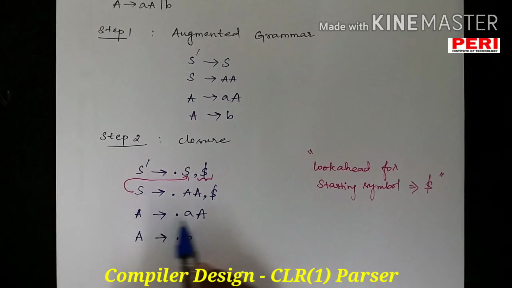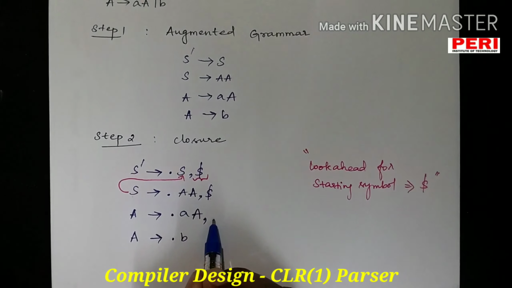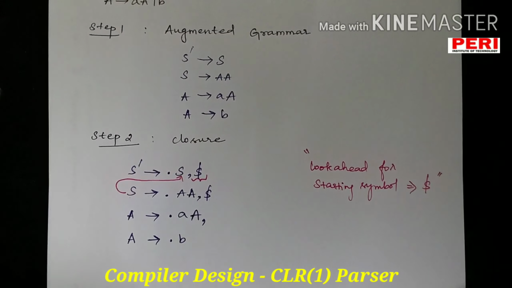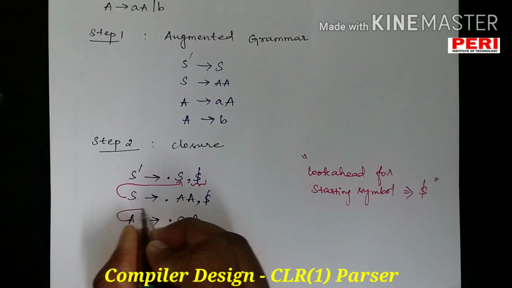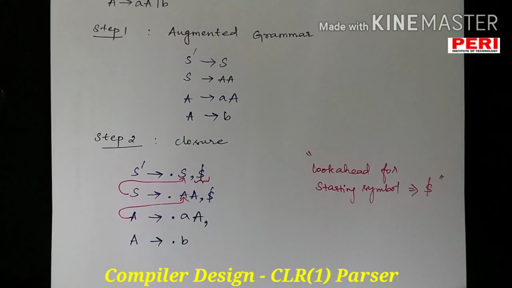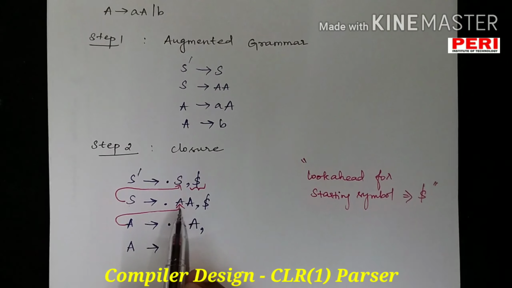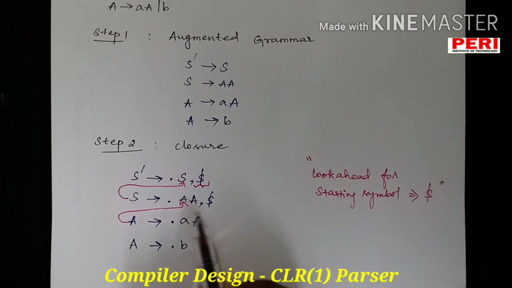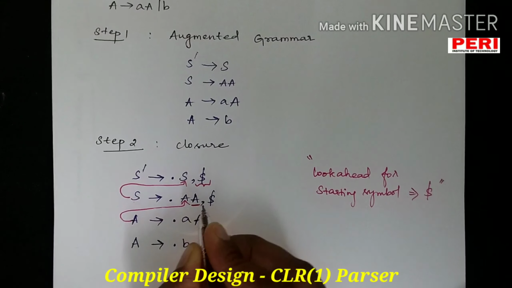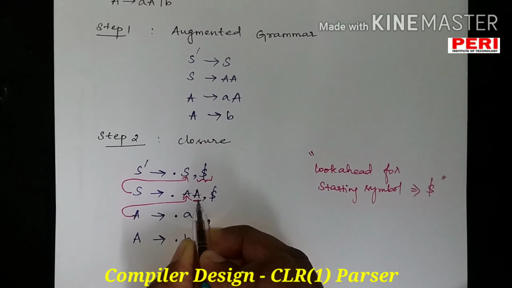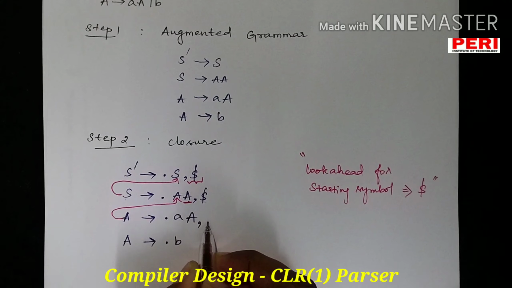Now coming to the A production, I have to add a look ahead here. I'll be looking at the A in my previous production. Here A is followed by another A, which is a non-terminal. If I have a terminal here, I'll just add it as a look ahead.